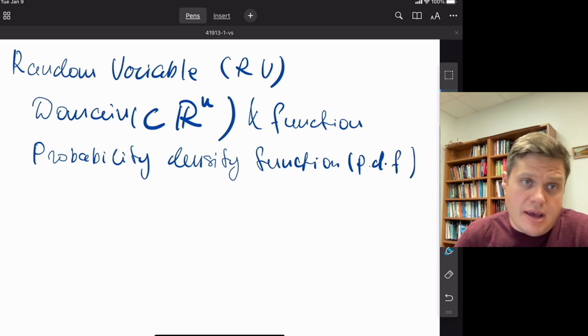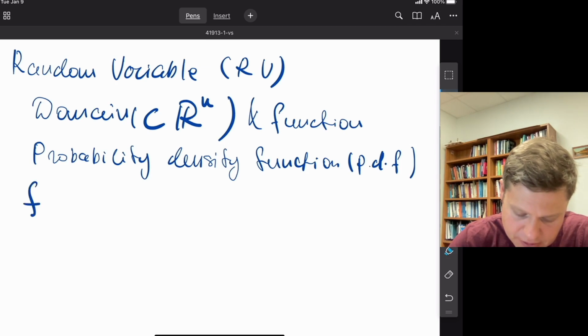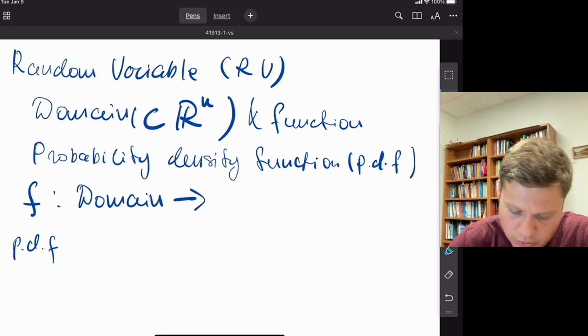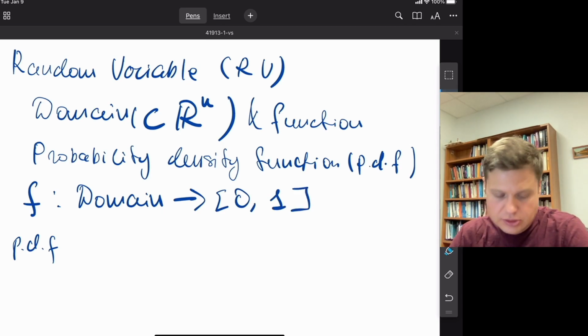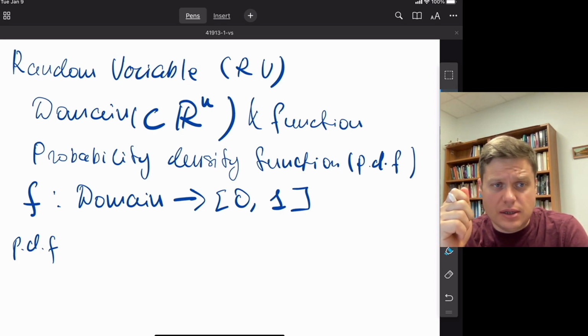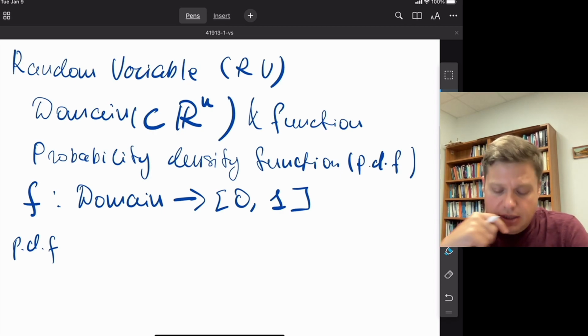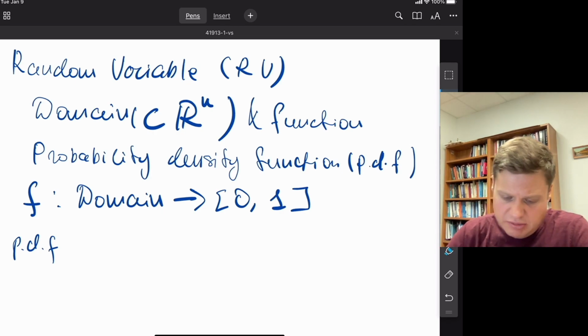The PDF is just a map. We're going to call it function f. The PDF maps the domain to a number between 0 and 1. So for each value from the domain, for each possible value of a random variable, we have a probability density function that just tells what the density associated with this specific value is, and it's always a number between 0 and 1.